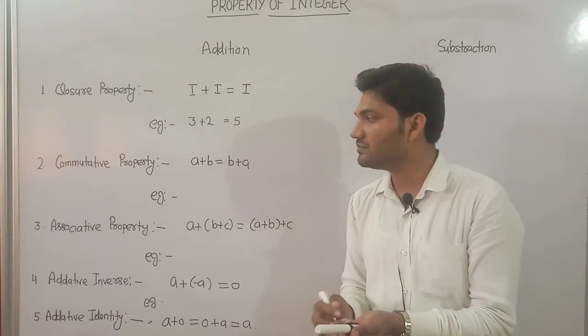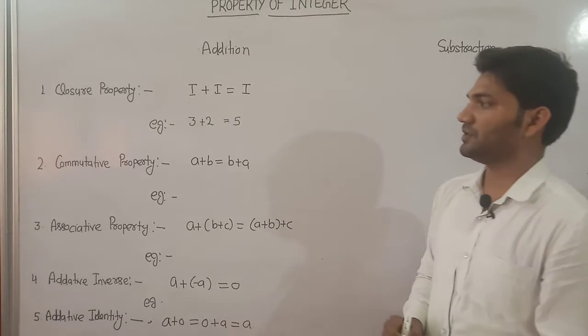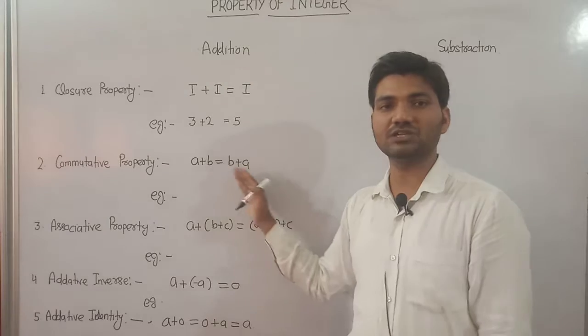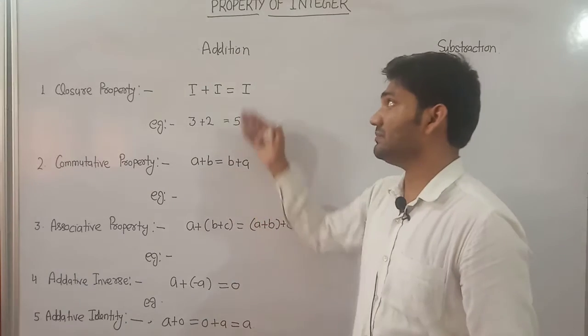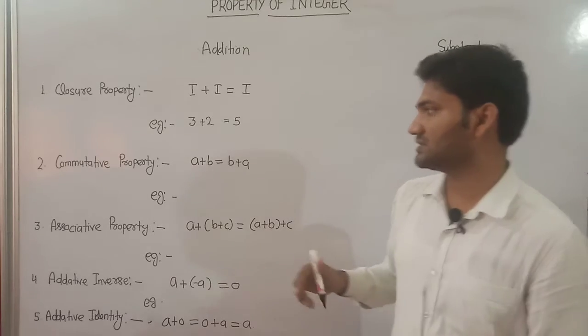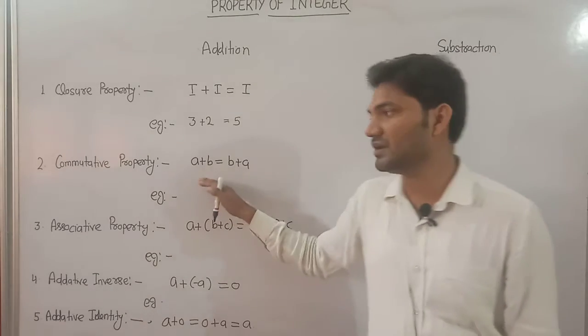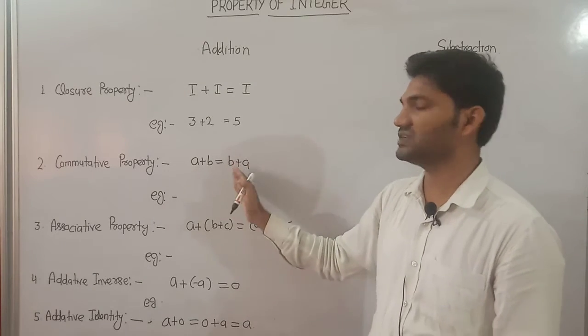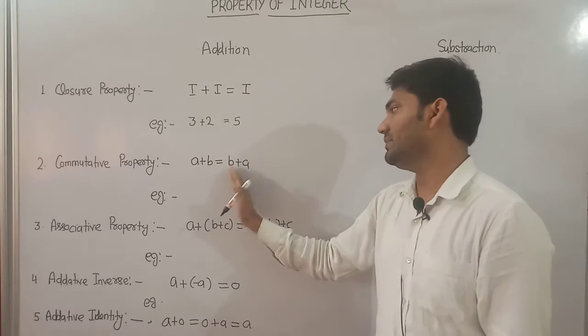And the second is the commutative property. Commutative property for addition means a plus b is equal to b plus a. It is based only on the order. Because a plus b, when the order is changed, the right hand side is b plus a.